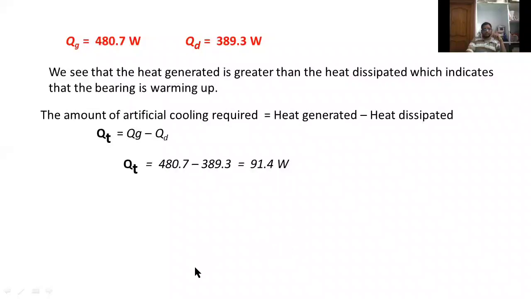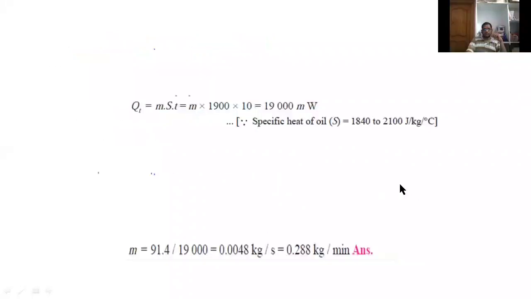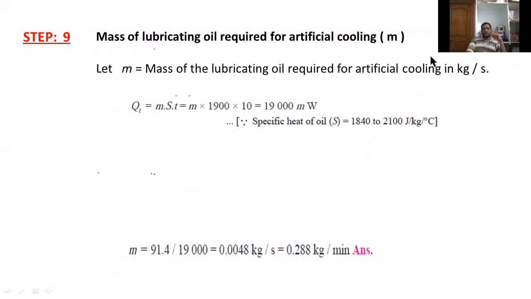Now in the last step, that is step number 9, you have to find the mass of artificial cooling required. Here m is the mass of the lubricating oil required for artificial cooling in kg per second.